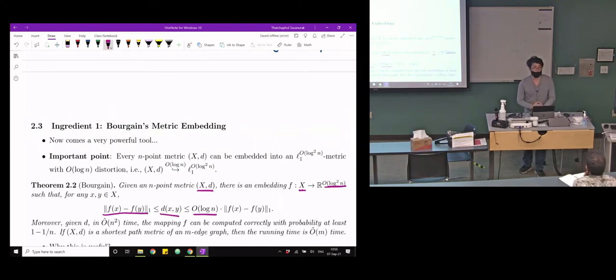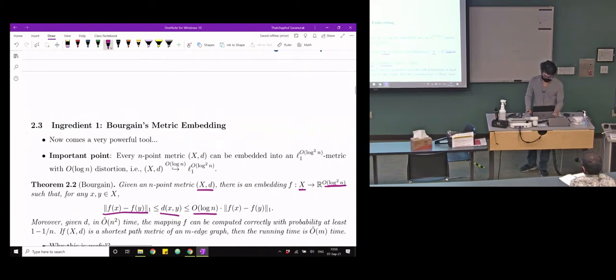No, in x. In X, there is no notion of dimension in a general metric, right? In general metrics, you have X, which is just some set, and D, which is just a pairwise distance. For example, the graph metric, like a shortest path metric, it's just some metric. But you can map into a real space with L1 space with small dimension.